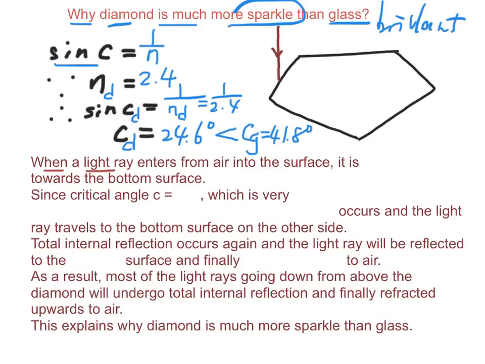When a light wave enters from air into the diamond surface, it is refracted towards the bottom surface.